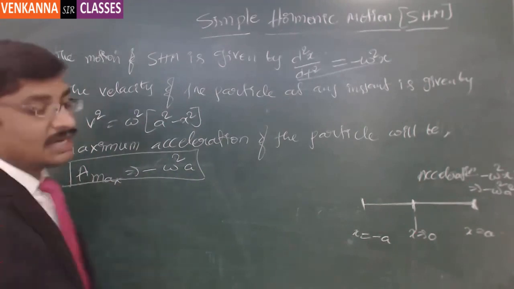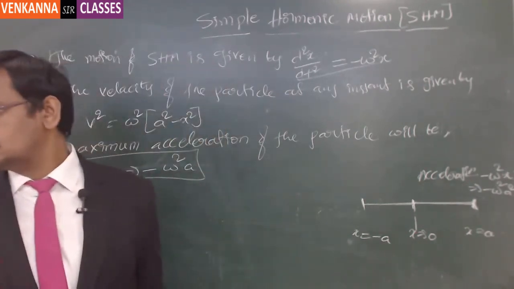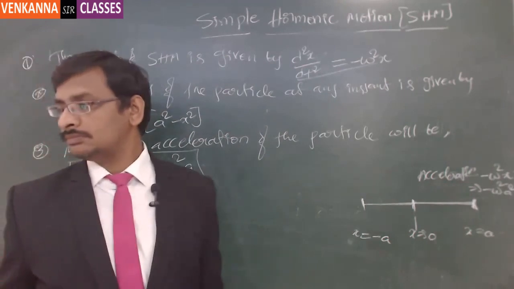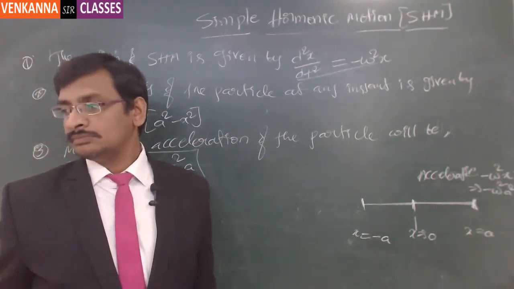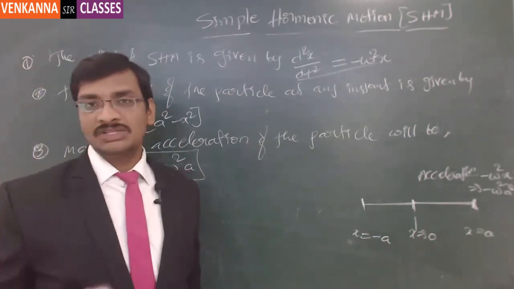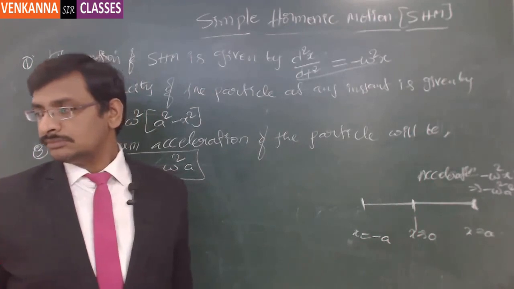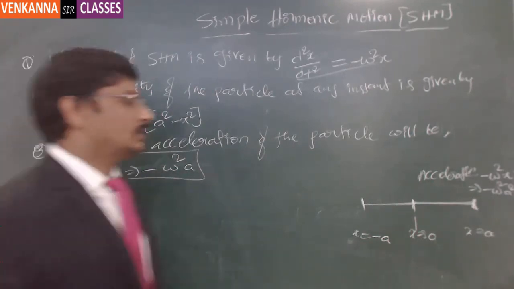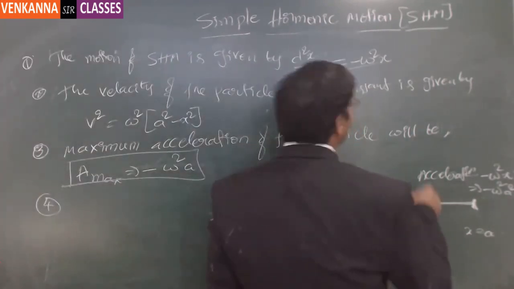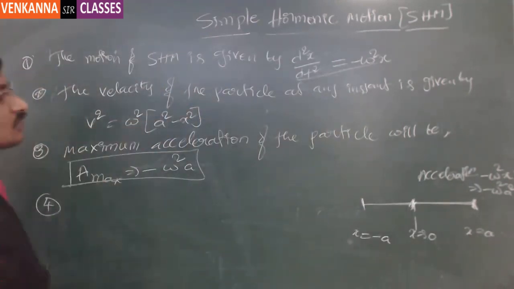And the maximum velocity occurs at what point? That is at the mean point, the midpoint here. There, if you notice, v square is equal to omega square times a square minus x square.